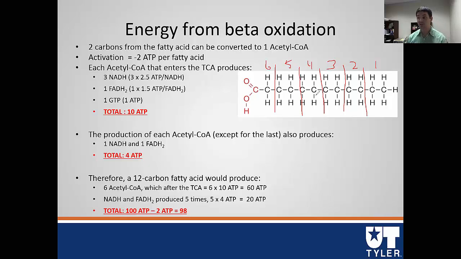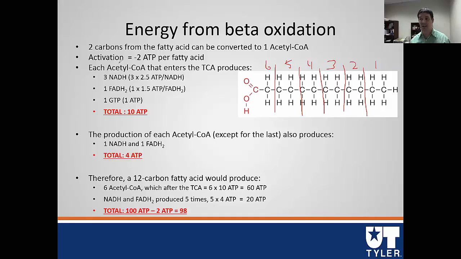So this is a 12-carbon fatty acid, which of course divided into 2-carbon segments gives me 6 sets of 2. So we can convert each of these 6 sets into acetyl-CoA.